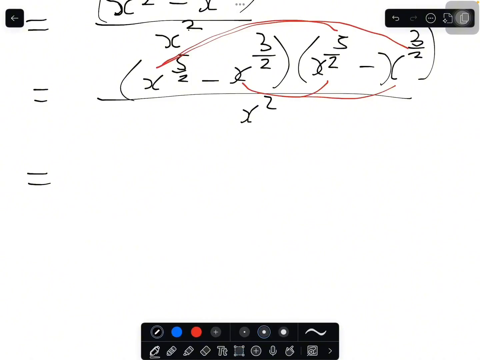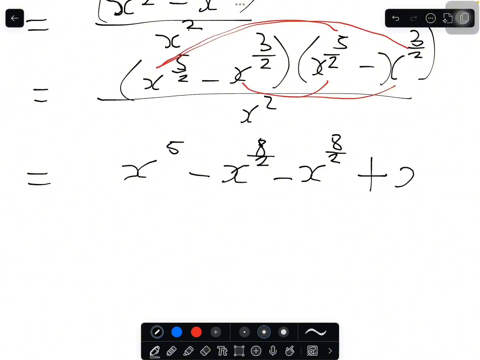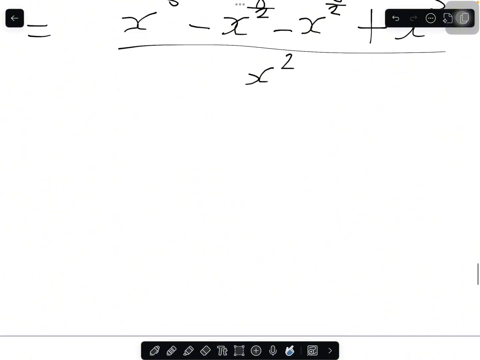And I'll have x to the 5 minus x to the 8 over 2 minus x to the 8 over 2 plus x to the 3 all over my x squared.